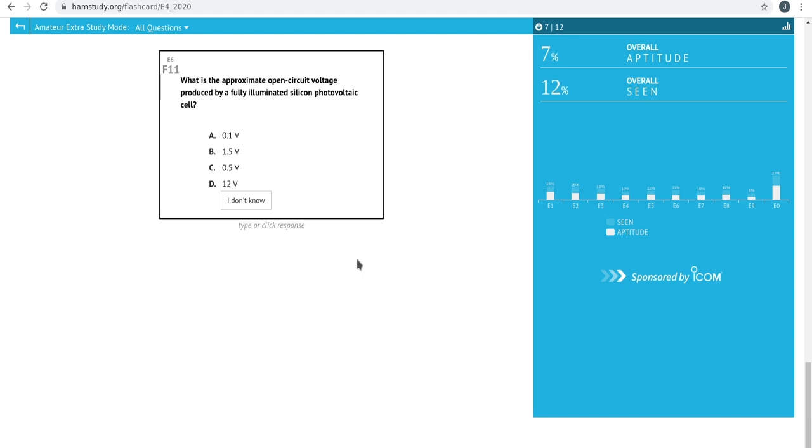You want to take this one, Frank? What is the approximate open circuit voltage produced by a fully illuminated silicon photovoltaic cell? I haven't even heard of that. It's a solar panel cell.